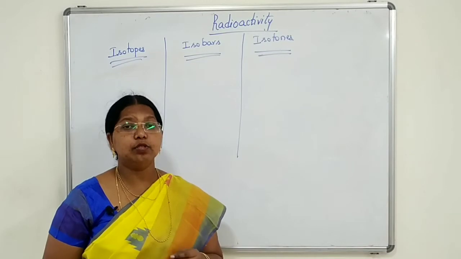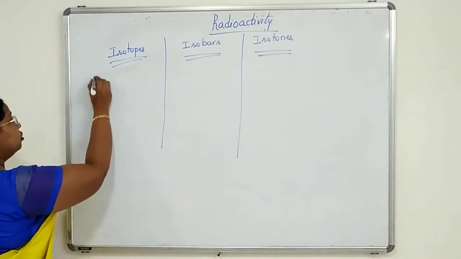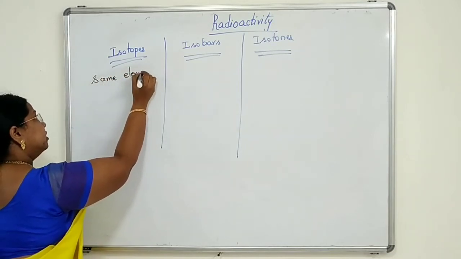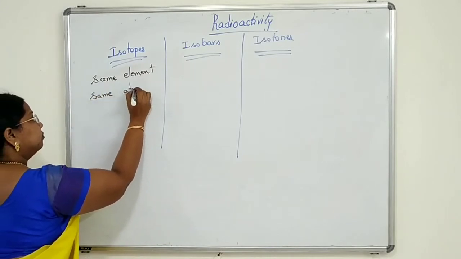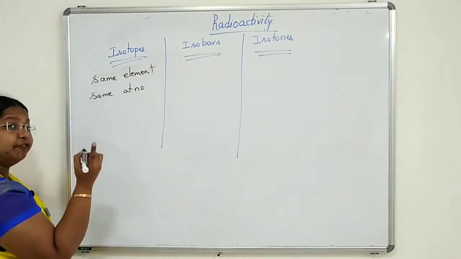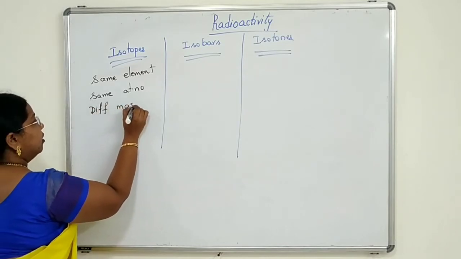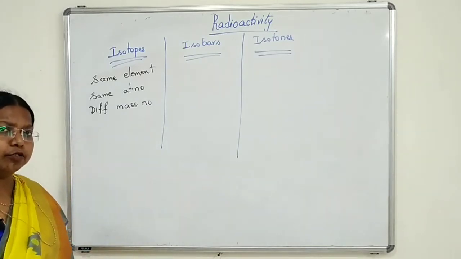Isotopes are the atoms of the same element. Same element means same atomic number, but different mass number. Let us see some examples of isotopes.